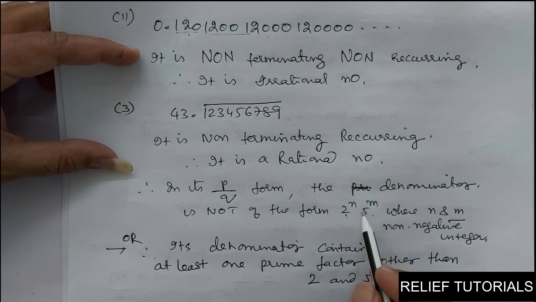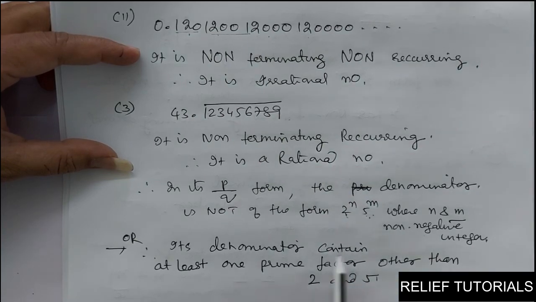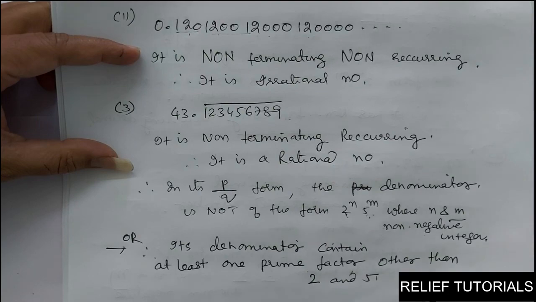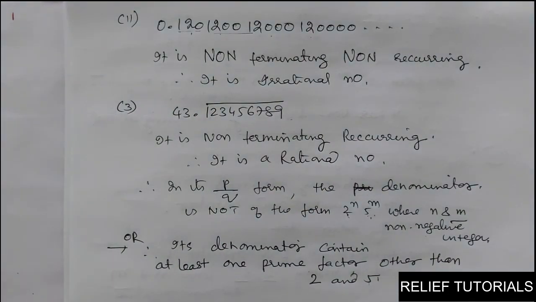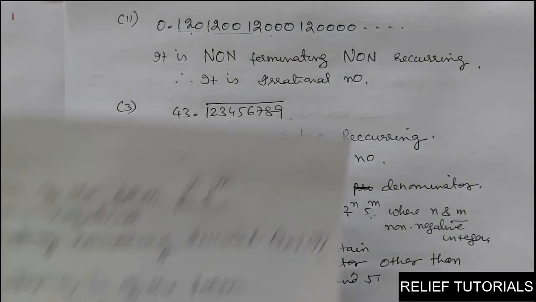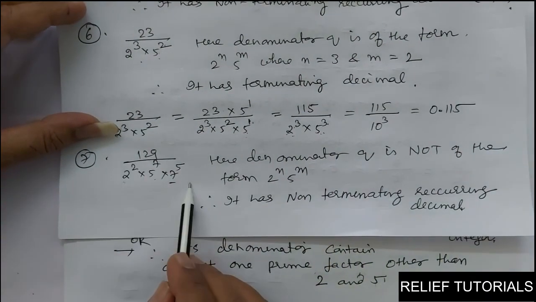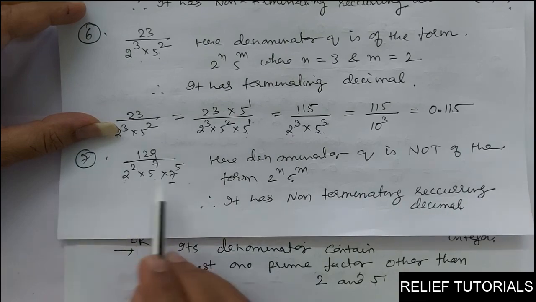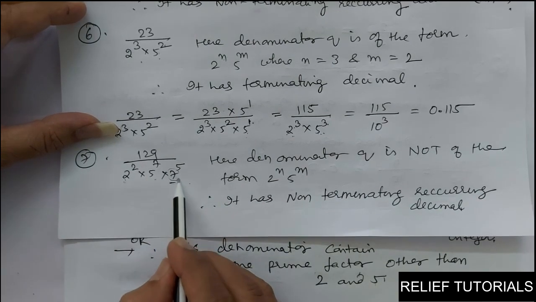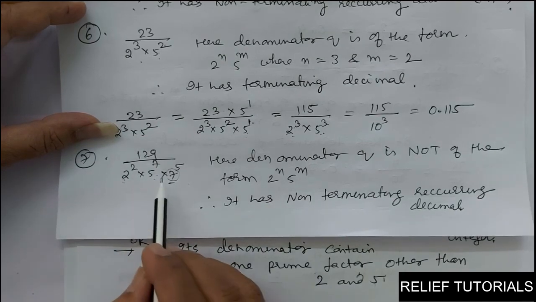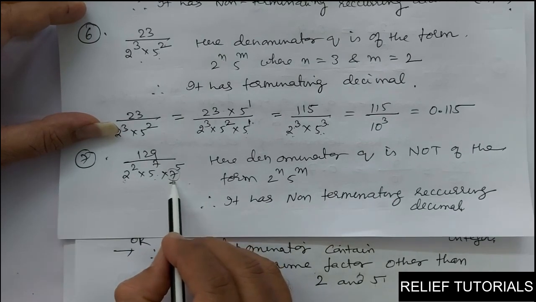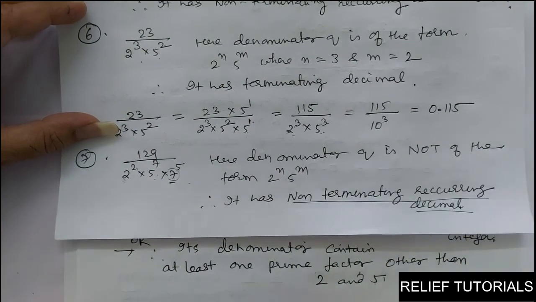It means its denominator has at least one prime factor other than 2 and 5. We have done this problem. See this denominator: 2 and 5 may be there, but it has at least one prime factor other than 2 and 5. So it is a non-terminating recurring decimal.